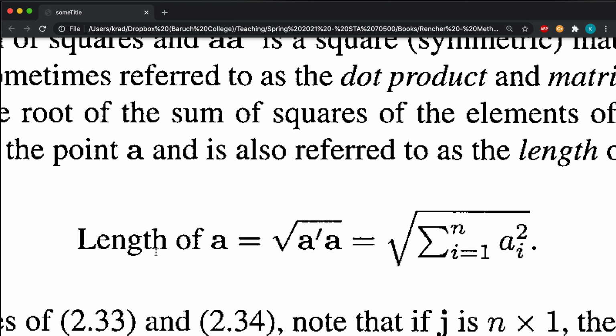And when we talk about the length of a vector, it means how far, what is the physical distance of that point from the origin? That's the length. And the length is nothing but the square root of A transpose A. It's the square root of the sum of squares. That's it. And that's the physical and geometrical meaning of the square root of A transpose A.